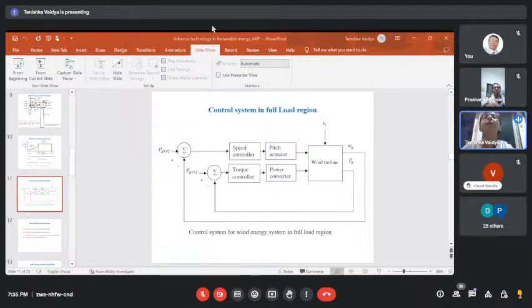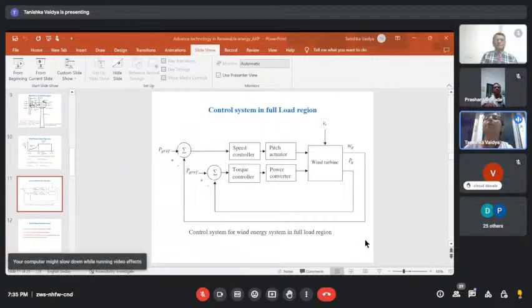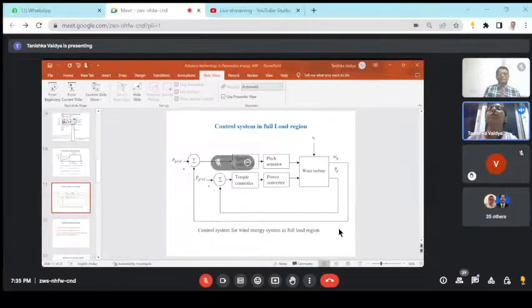Wind could come from any direction, storms could be there, lightning could be there, and these storms and this lightning can cause complete failure of the system if good automation or good structure is not designed. So in such cases, if the system fails, economically it is not feasible.